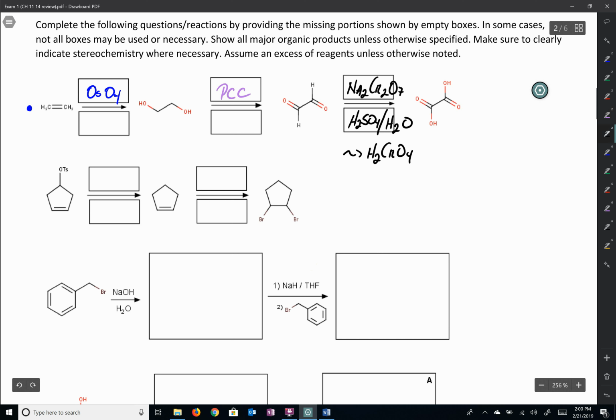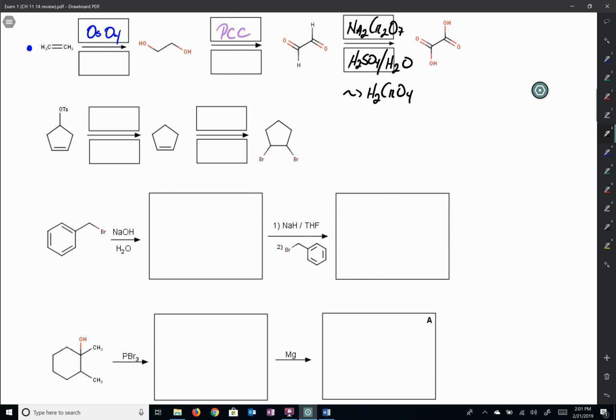That would have been essentially the same thing. And there we go. So a vicinal diol in blue, we do a soft or incomplete oxidation, to take a primary alcohol into a set of aldehydes with PCC or PDC or DMP or a Swern oxidation, and then the last step we finish the oxidation.